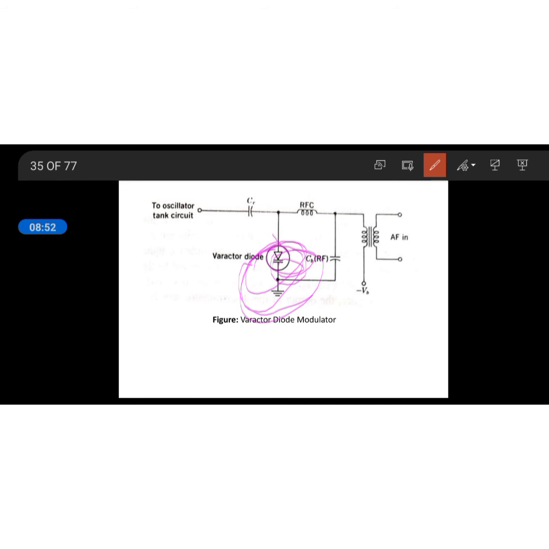The carrier signal is generated by means of an LC tuned circuit. Here we are providing an LC circuit.